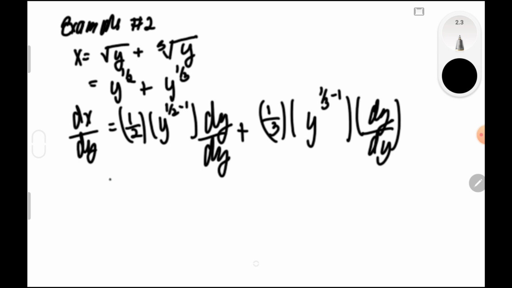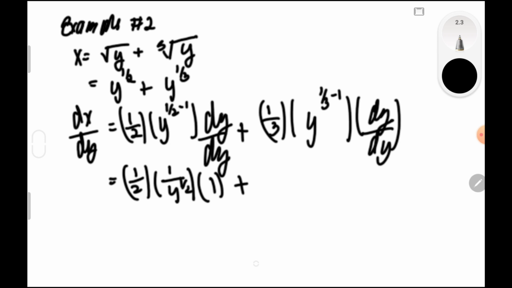So from here we'll have a value of 1/2 multiplied by 1 all over y raised to 1/2, because it becomes negative 1/2, multiplied by the derivative of y, which is equal to 1 with respect to y, so that is 1.